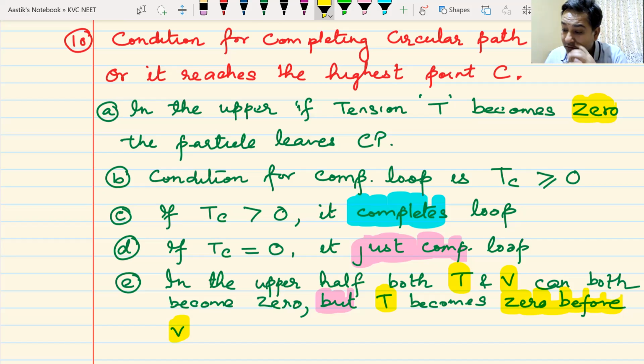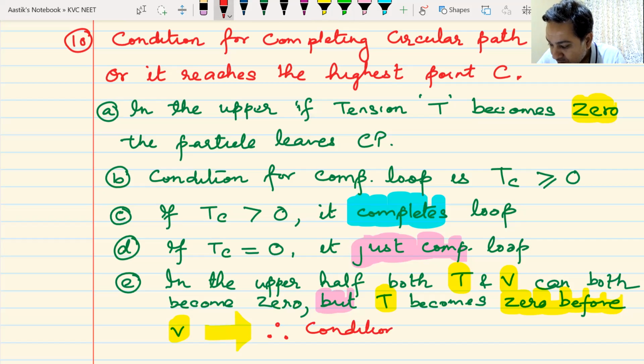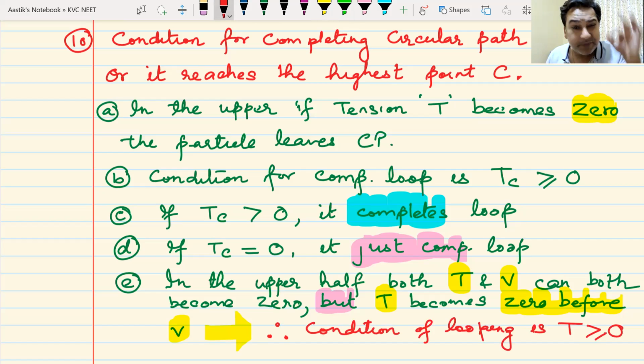And therefore, an important therefore, this implies, the condition of looping is tension should be greater than or equal to zero, because if tension is greater than or equal to zero, speed will always be greater than or equal to zero. Speed cannot become zero without tension becoming zero. Tension will always become zero first.